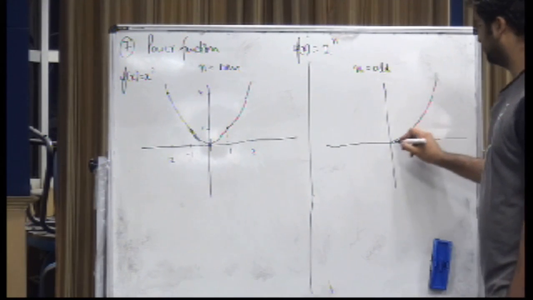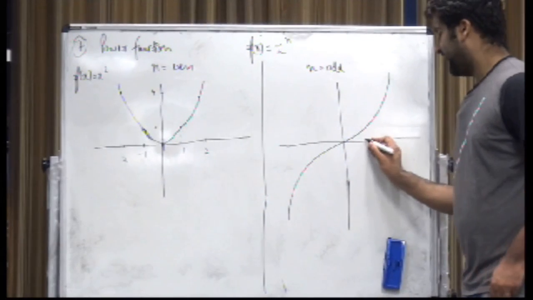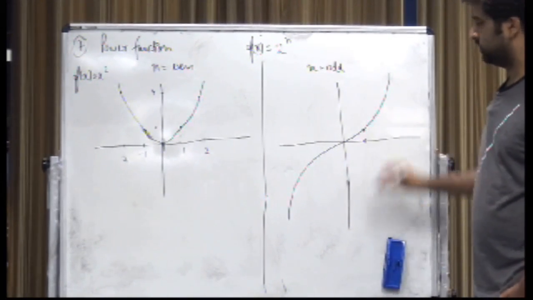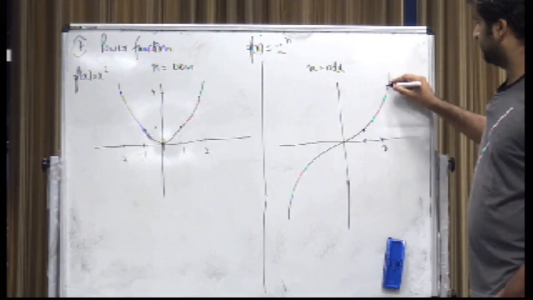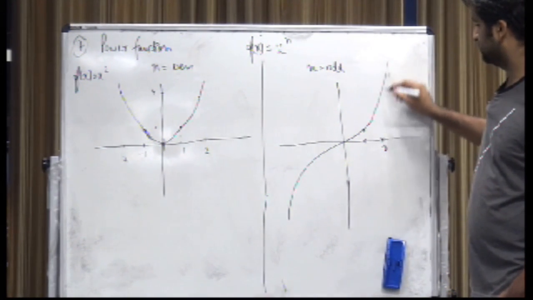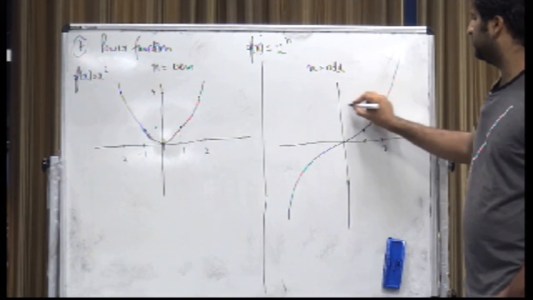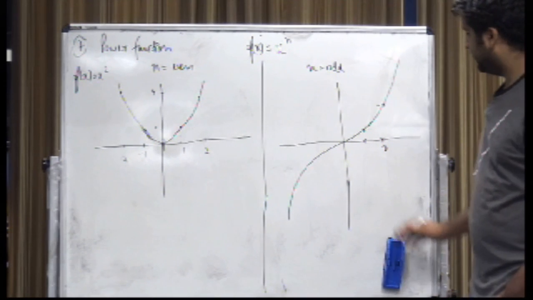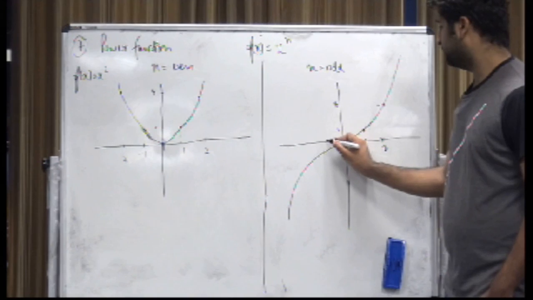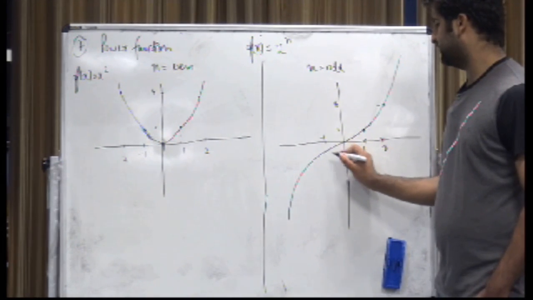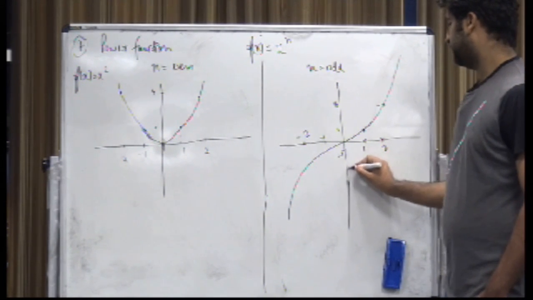It will go like this. Let's see why. At x equal to 1, you're getting 1. At x equal to 2, you get 8. So let's suppose this value is 8, right? And similarly, at x equal to -1, you get -1. And at x equal to -2, you get -8.